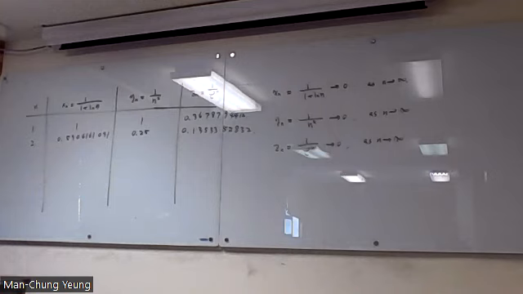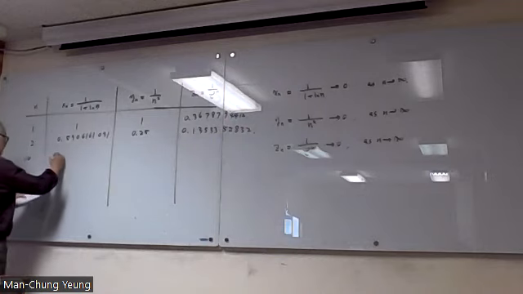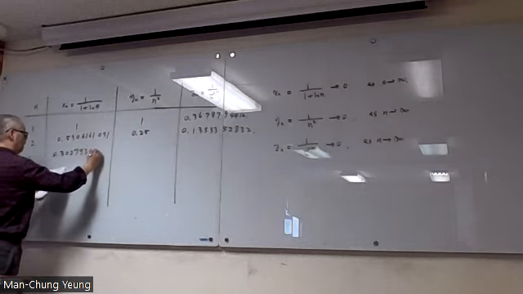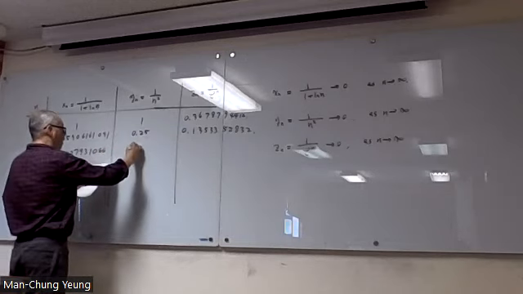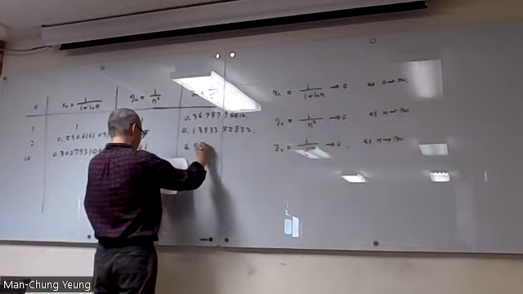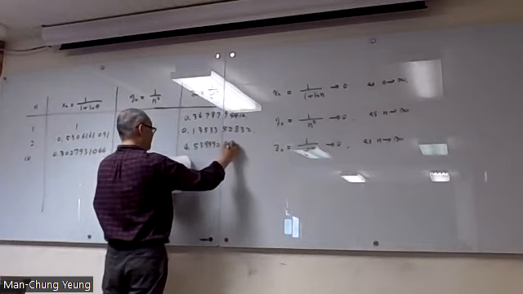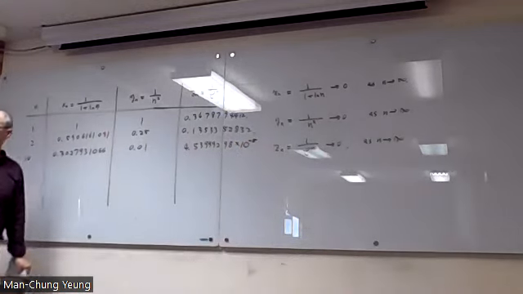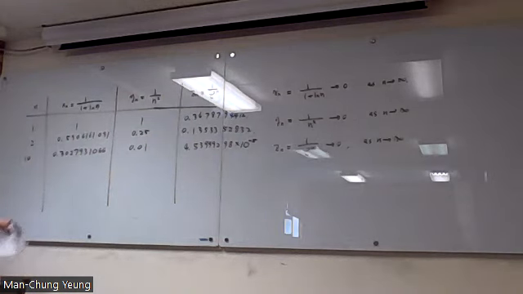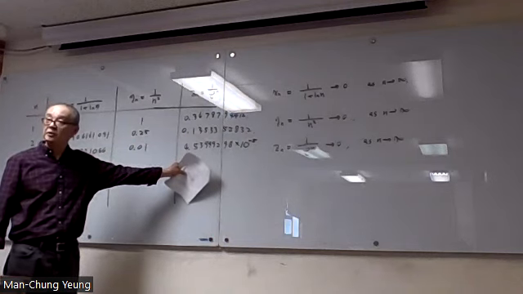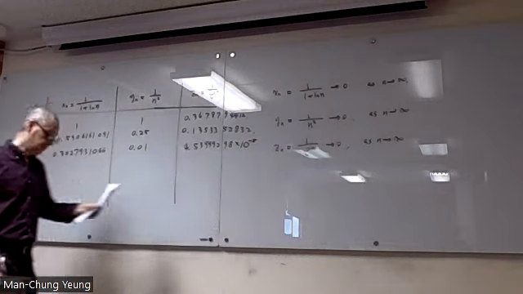How about n is 10? Then 0.01, and this is 4.539993 times 10 to the negative 5. You see the sequence cn converges to 0 very fast.